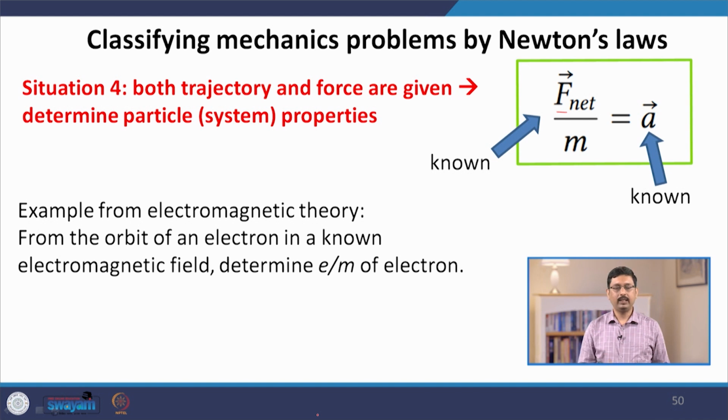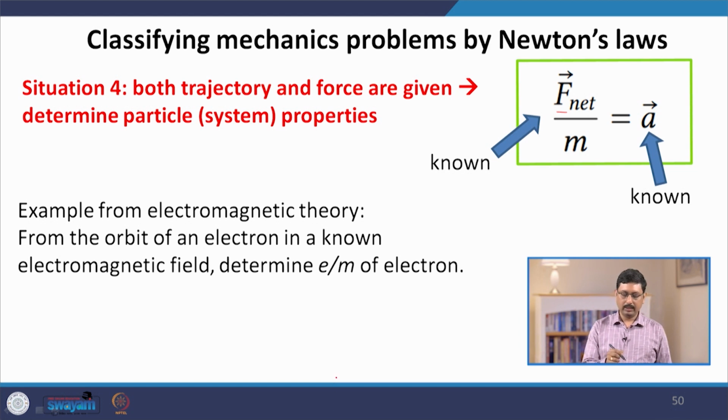Now, you want to determine some properties of the particle, some properties of the system you study. One example is from electromagnetic theory. Suppose there is an electron moving in an electromagnetic field, so it is experiencing the Lorentz force.